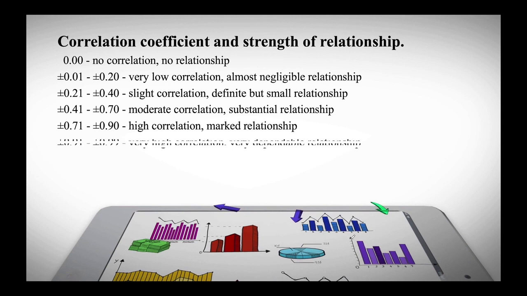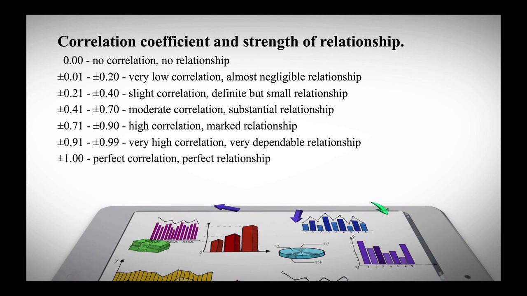Something like that. Okay, so for positive negative 0.91 going to positive negative 0.99, very high correlation, very dependable relationship. Meron na talaga to, obvious na. And basically, perfect one is perfect correlation or perfect relationship.